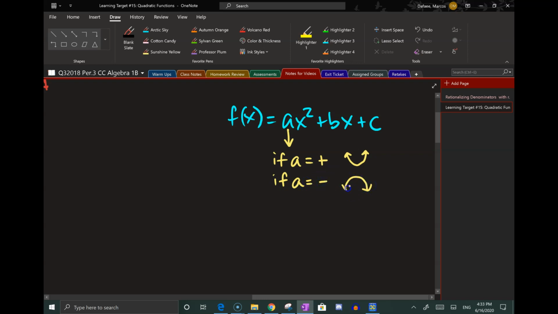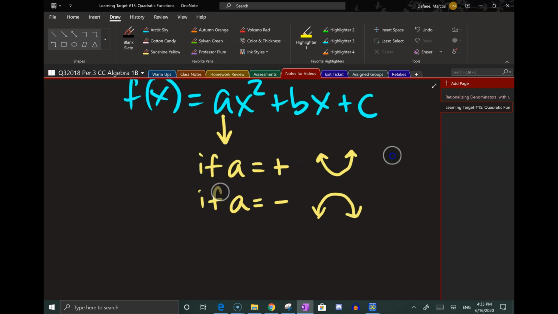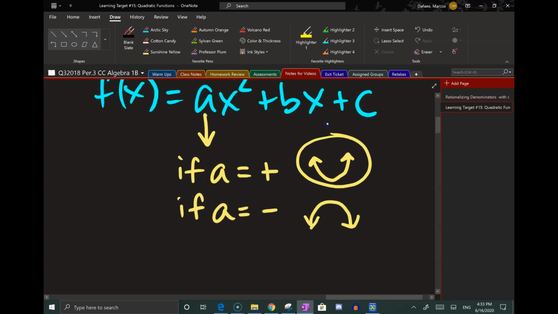like a frown. Now, what I like to say, to help remember this, is think of a leader. So in this quadratic equation, you have a leader that is your a. And just like with people, we like leaders who are positive. A positive leader tends to smile, and a negative leader tends to frown.